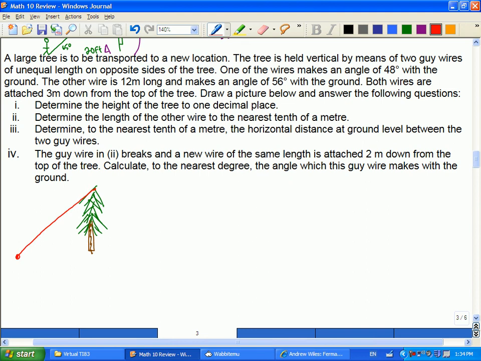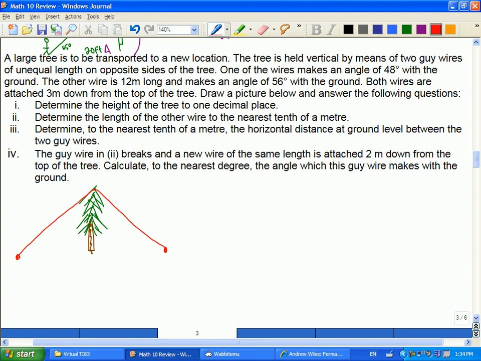One would be like this, and then the other one is holding it like this. Even if you don't know what a guy wire is, it's holding it from opposite sides of the tree, and you don't really hold a tree up very well if you hold it from the bottom. You have to steady it from the top. But let's just go with what we have.